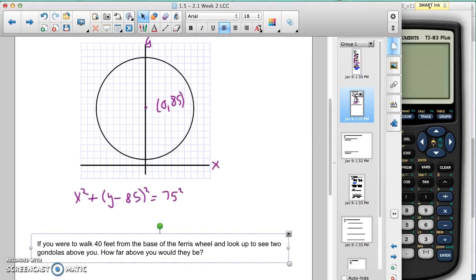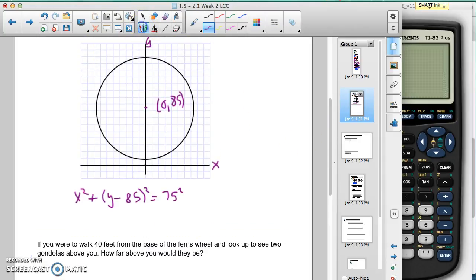So that means if I were to walk out, looking at this picture again, I'd walk out 40 feet, so that's from here, here's 20, 40 feet. If I'm standing right here in my picture, how far above this would be these two gondolas if they sat here? If there's a gondola here, and then there's a gondola right here, how far above you would those two gondolas be?